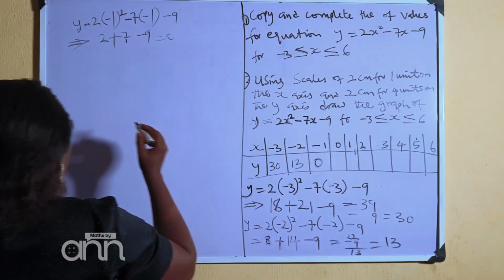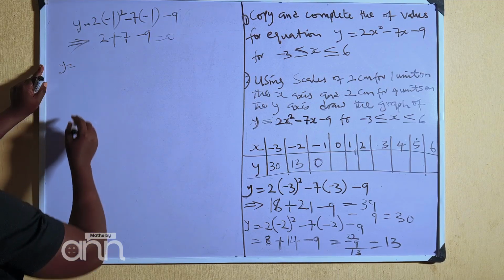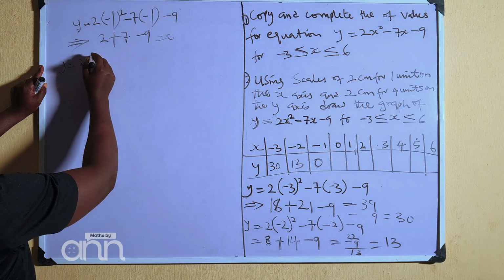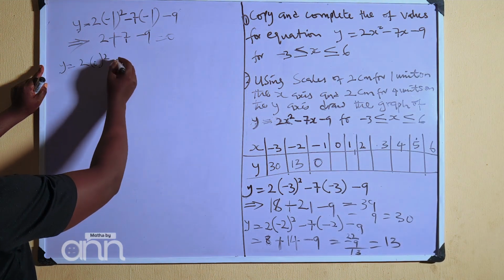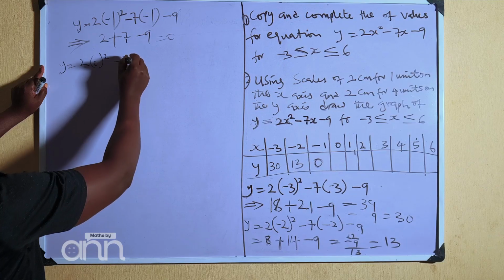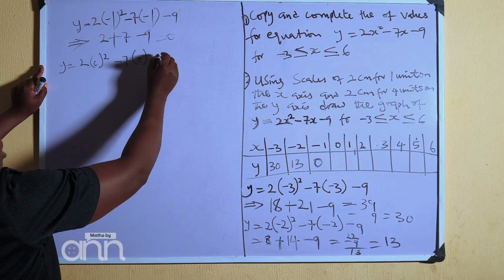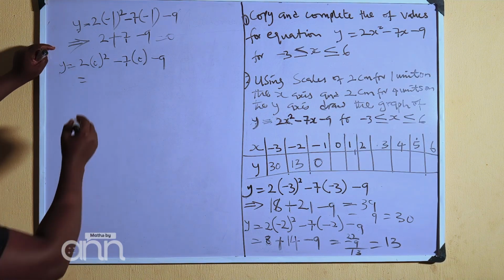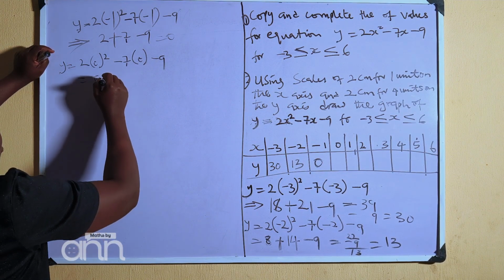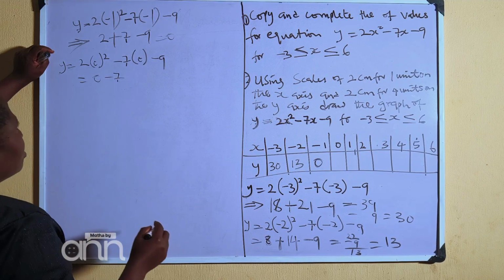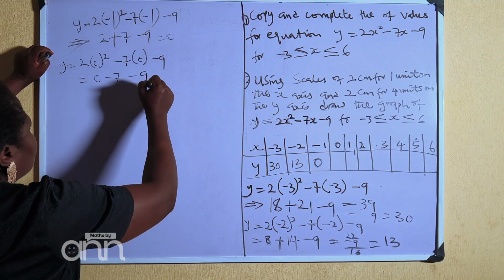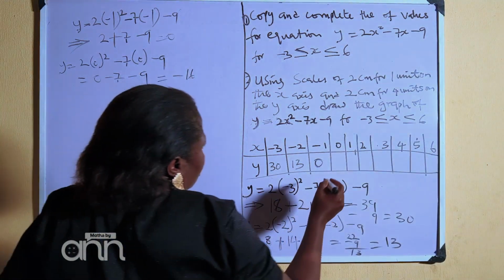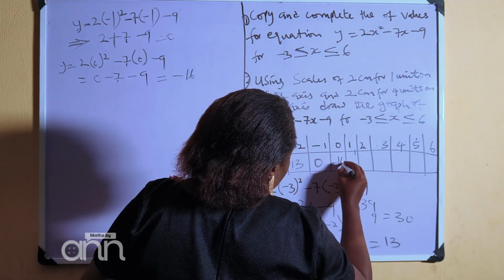Come to the next one. y equals 2 into 0 squared minus 7 into 0 minus 9, which is equal to 2 into 0 squared is 0, minus 7 times 0 is 0, minus 9. You have minus 9 here.